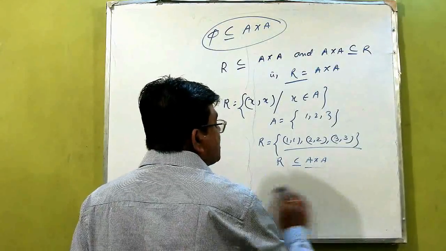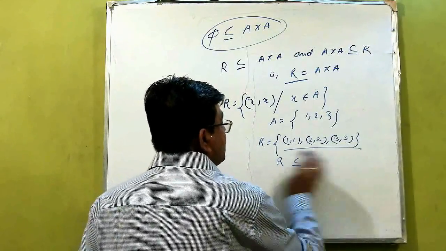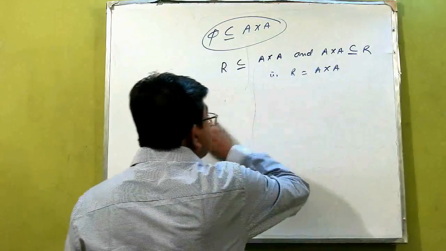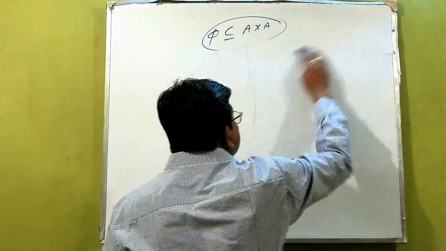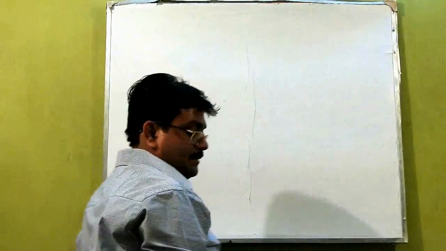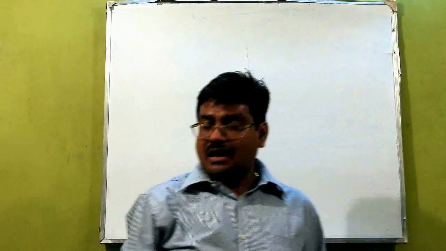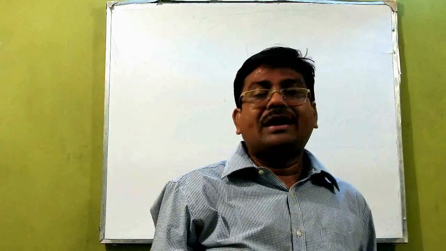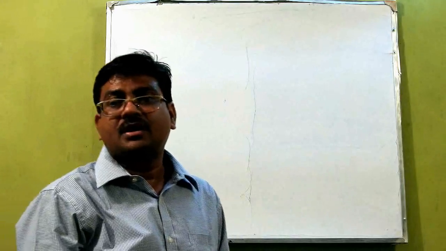Now, next type is reflexive relation. Let us consider a relation R on a set A itself.